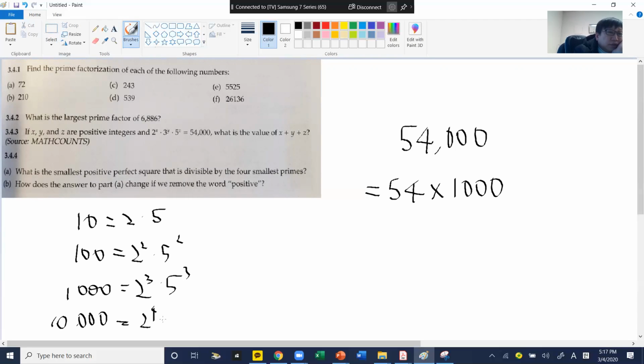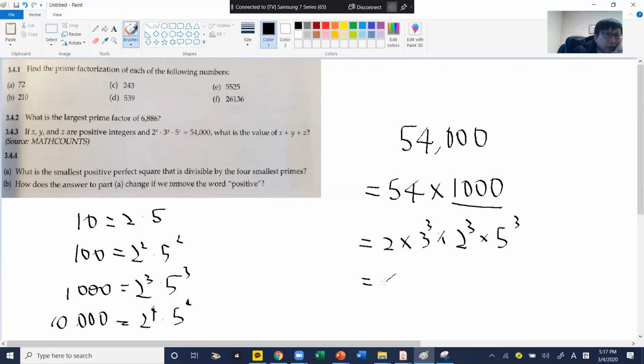So for this number, even though it's big, it is just what? 2 cubed, 5 cubed, right? How about this one? 6 and 9, right? 9 is 3 squared. 6 has 2 and 3, right?